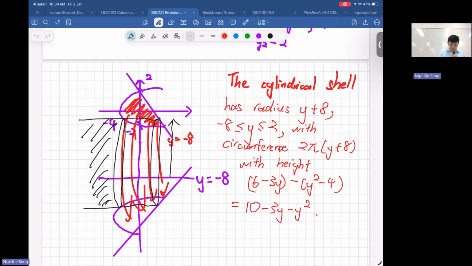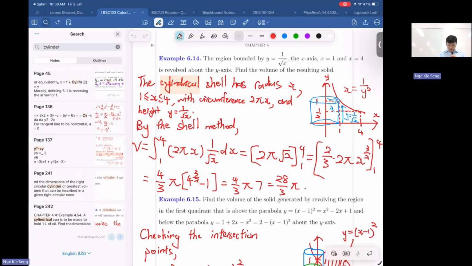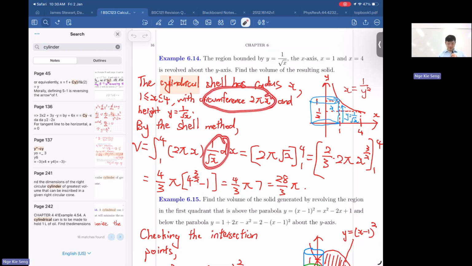Then how do you set up your integral here? The integral is just your circumference times your height. That's it.